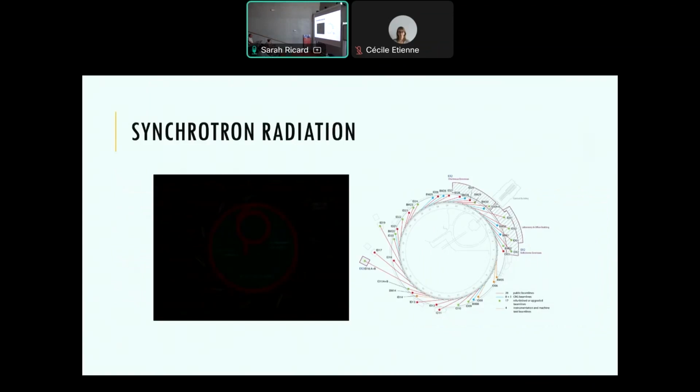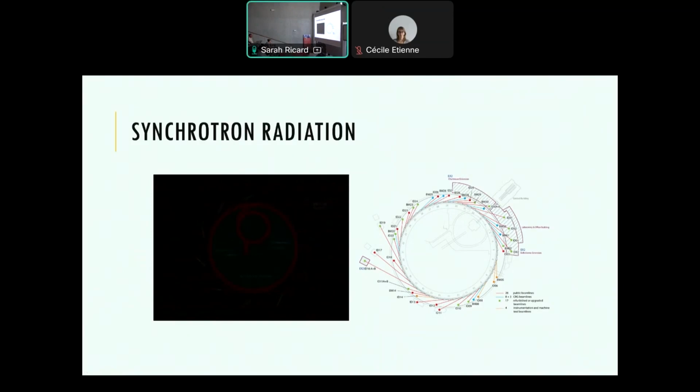And the way it works is this one. We extract some electrons from a metal wire, accelerate them to an energy in the order of mega electron volts, which is the energy of, for instance, radiotherapy.